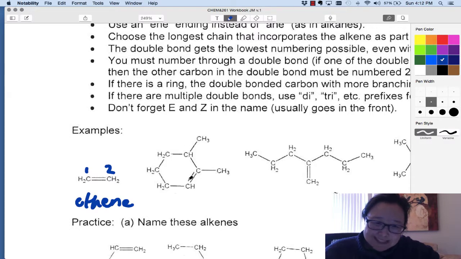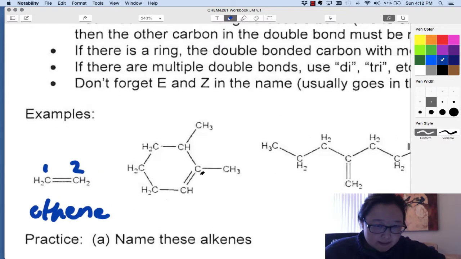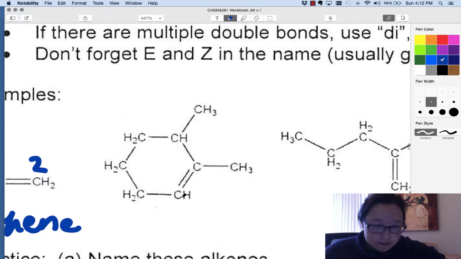But because the double bond goes this way, not this way, we need to say that this is carbon number 2, not this one. So we choose this one as 1 because it's got this branch, as opposed to this one, which has no branch. We want the double bond to have the lowest possible number, so we call that 1.